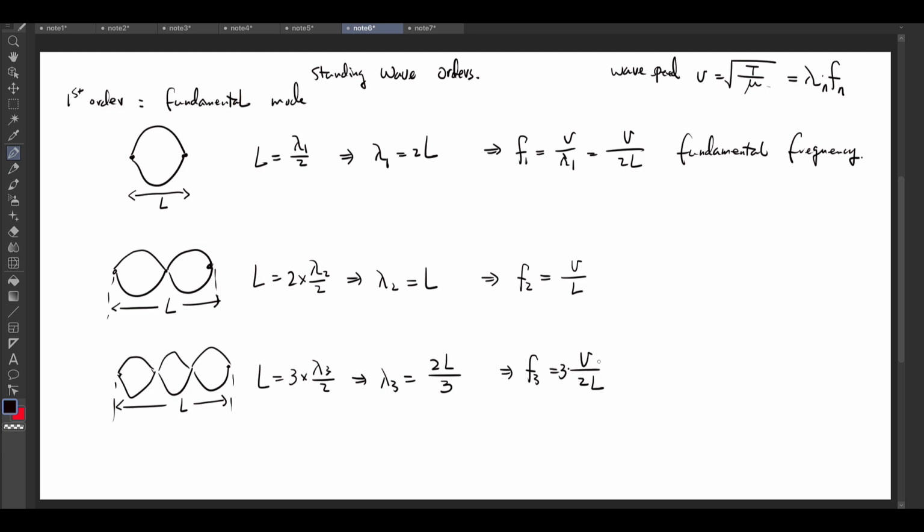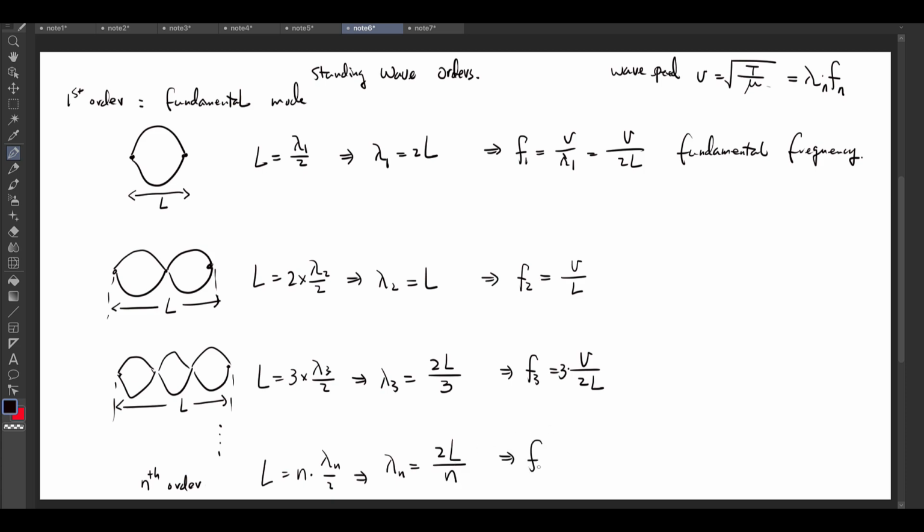Okay. Now we can generalize this situation to the nth order, where we have L equals n times lambda n over 2. So lambda n equals 2L over n.